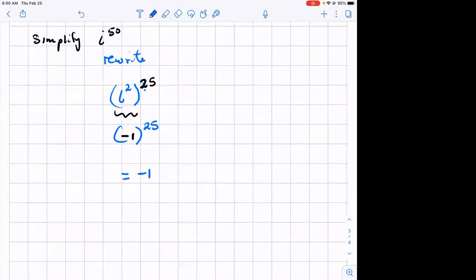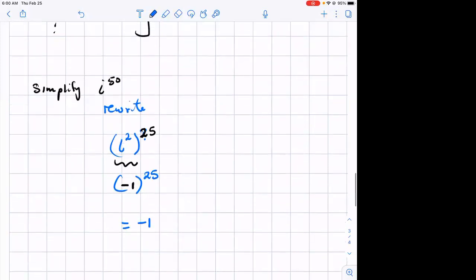So first thing to note, if the power is even, then I could just write i squared times what number? But if the power is odd, it's not divisible by 2, right? And I'll put a side-by-side working here.